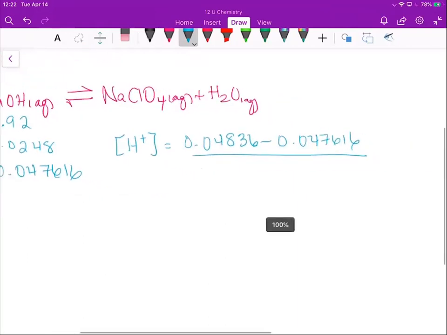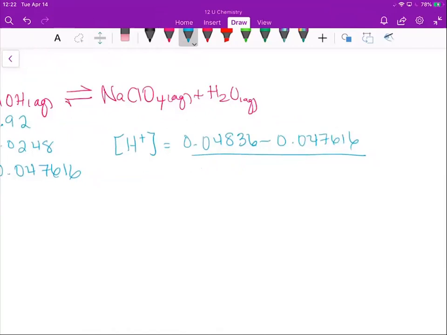And because you're mixing the two solutions together, you're going to get a very much more dilute concentration of hydrogen, which makes sense because some of the hydrogens are going to react with the hydroxides and form water. And then they're no longer hydrogen or hydroxide.